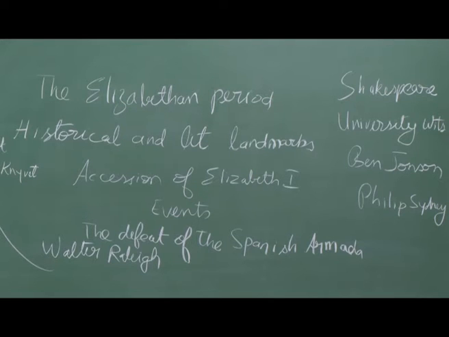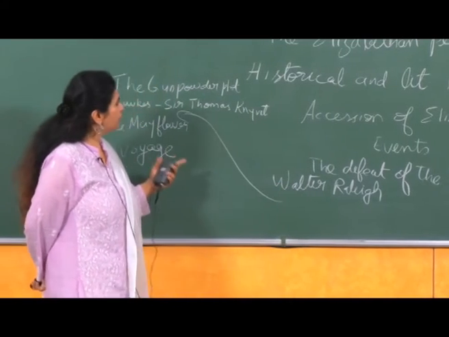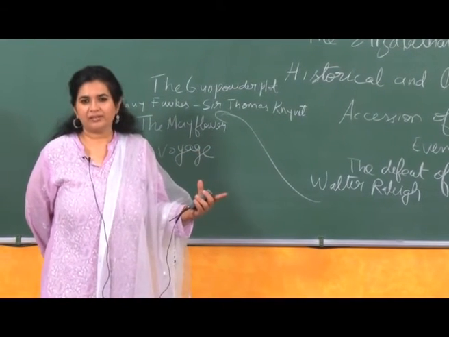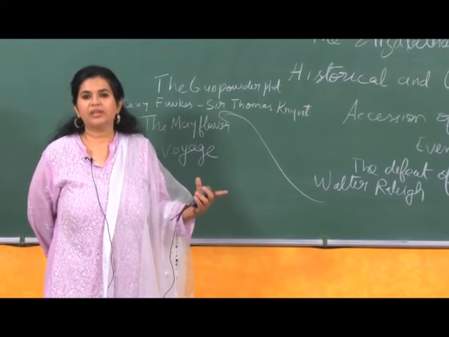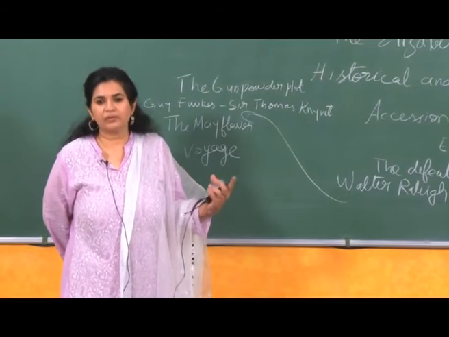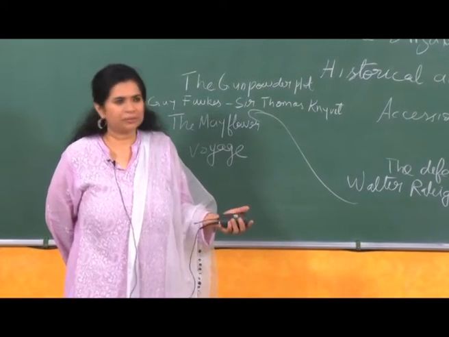University Wits, Ben Jonson, Philip Sidney and also other major writers of the period, of course, but no one surpasses Shakespeare. So, he is the most important literary figure of that period or any other period.